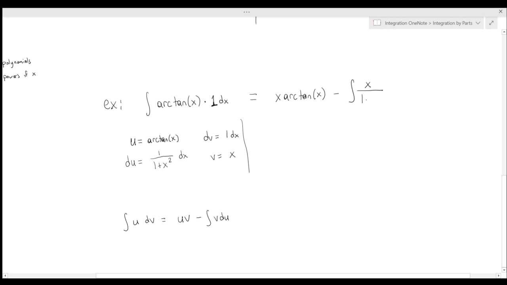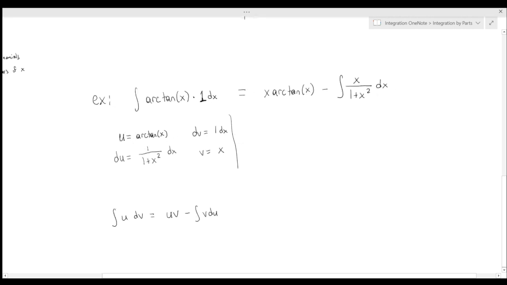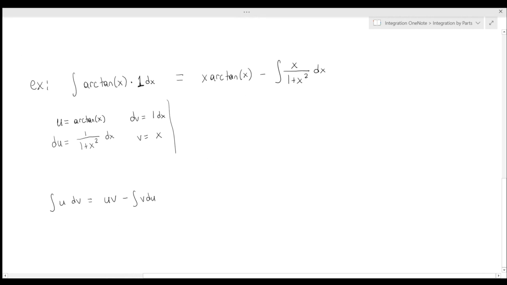So v times du, I'm going to put that x in the numerator. So then integration by parts gives us this new integral over here. But now this integral is one that we can evaluate with a u substitution.